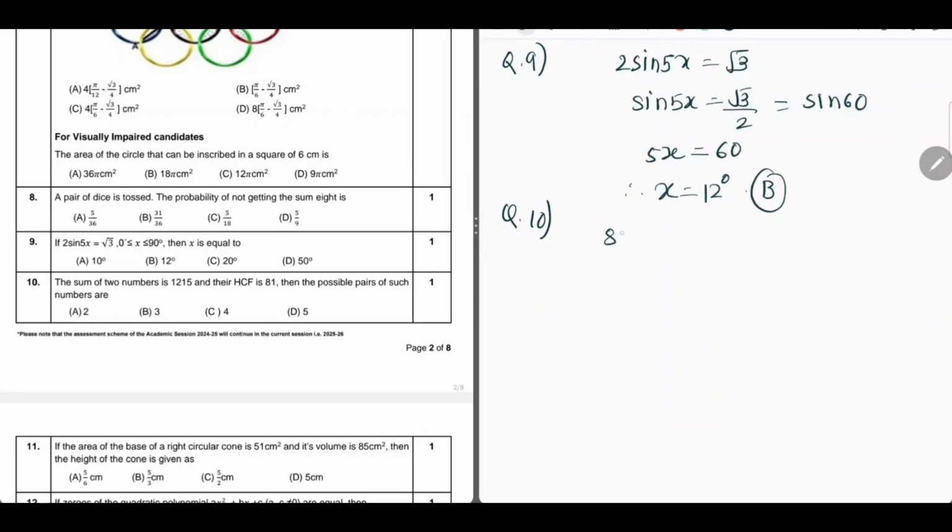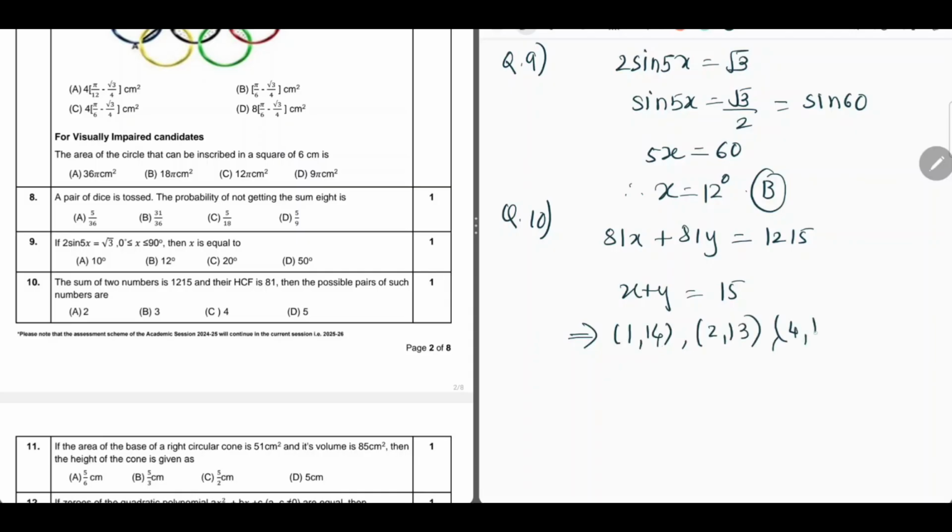So these two numbers are 81x and 81y. The sum given is 1 to 15. Then x plus y is equal to 15, which I can have as the pairs 1 14, 2 13, 4 11 and 7 8.